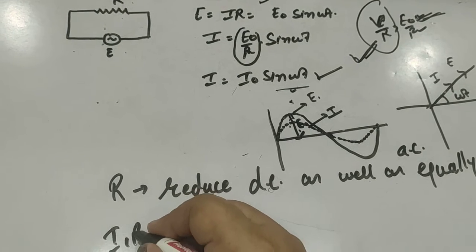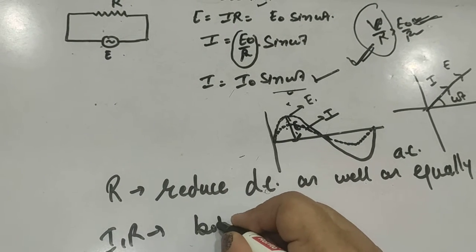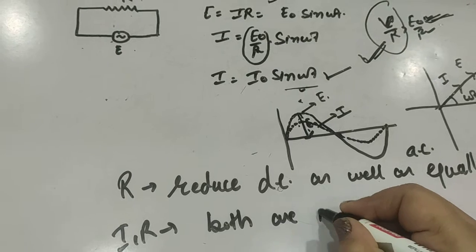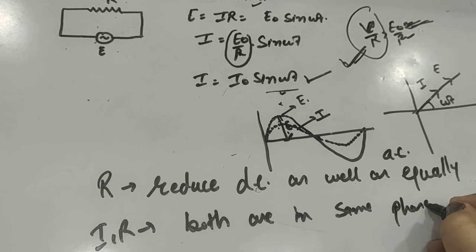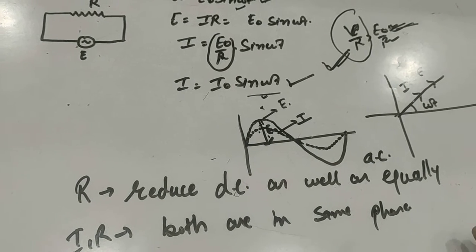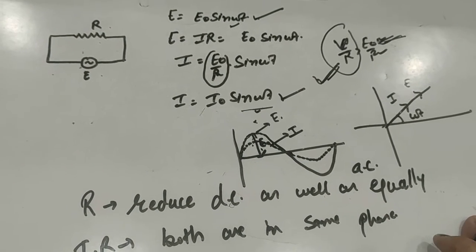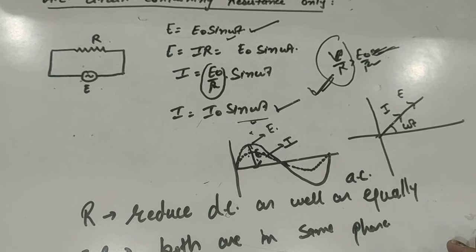So the key points for this topic are: resistance R reduces DC as well as AC equally, and E and I are both in the same phase. These are the key points which we have to keep in mind for the further derivations of this chapter.